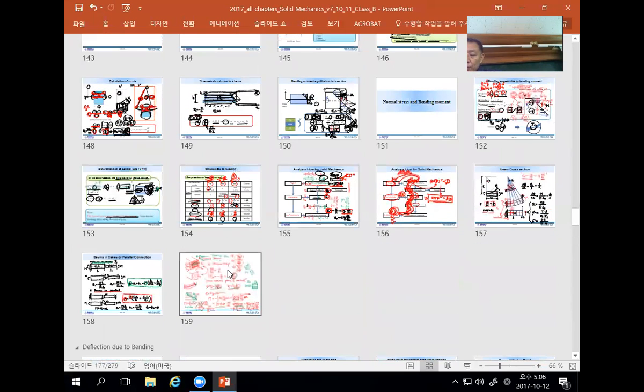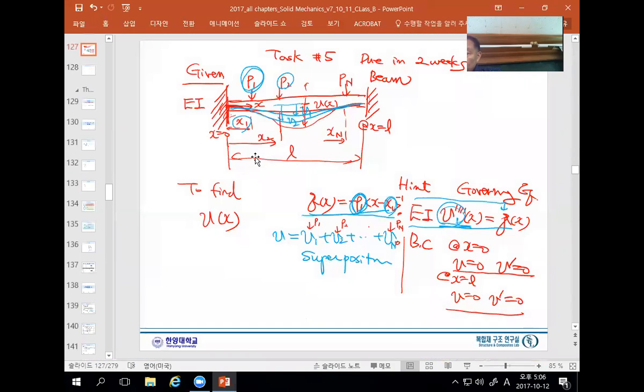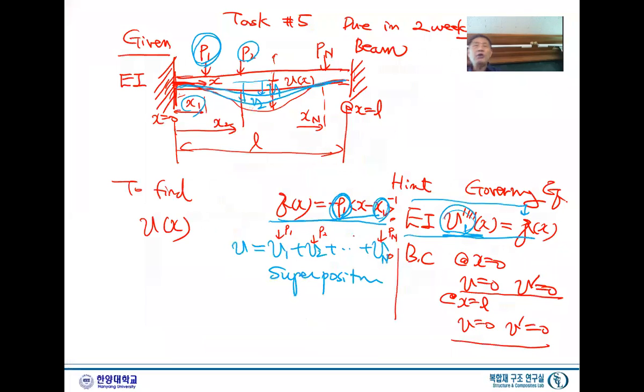Okay, let's get back to our task number 5, right? Now you understand this is the governing equation, EI v four times derivative equals Q(x), and boundary conditions. In this case, deflection 0 and slope 0. On the right-hand side, deflection 0 and slope 0. So 4 constants. When you solve this one, you would have 4 integration constants, which will be determined from this.